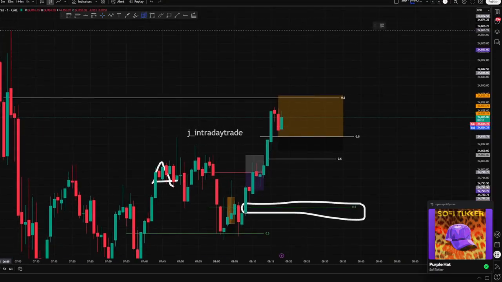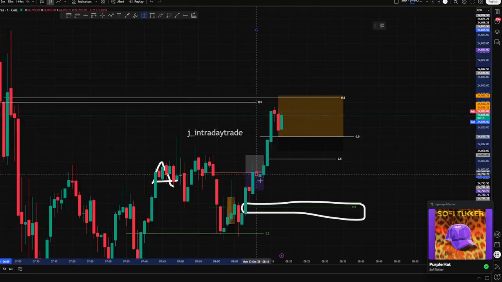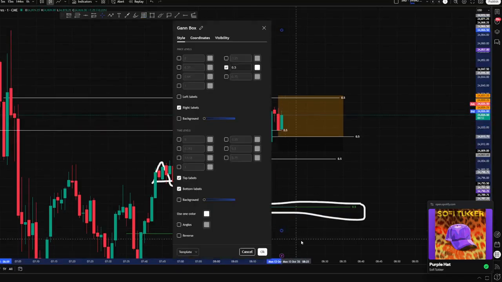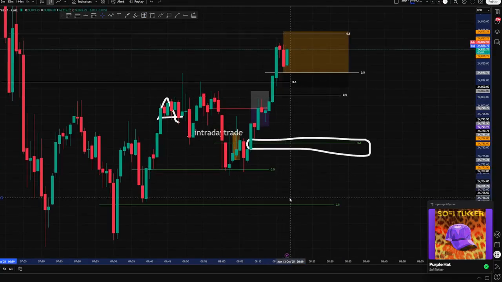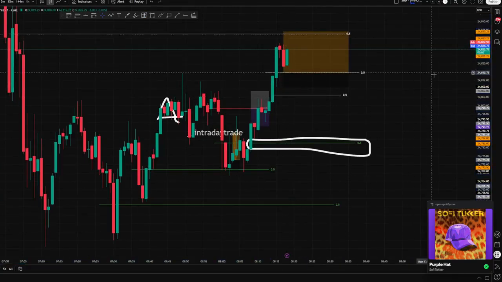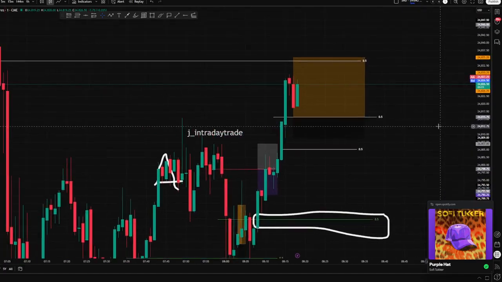Actually, clean reaction using the trailing entry.